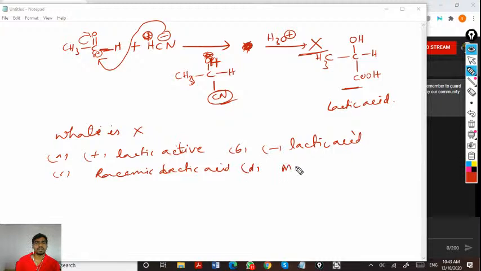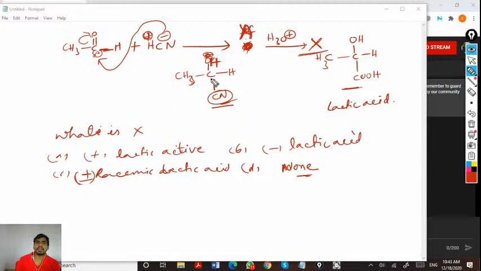Option D, none. Racemic means it will be indicated as plus or minus. So here X will be given. Let's say this is A. A is given as an intermediate, and final product X is given.